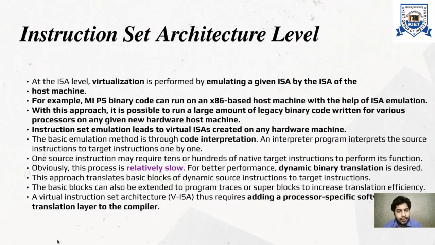It means, say for example, I have MIPS binary code that actually runs on a MIPS based host machine, right? But after implementing virtualization on the instruction set architectural level, you can run MIPS binary code on an x86 based host machine with the help of ISA emulation.